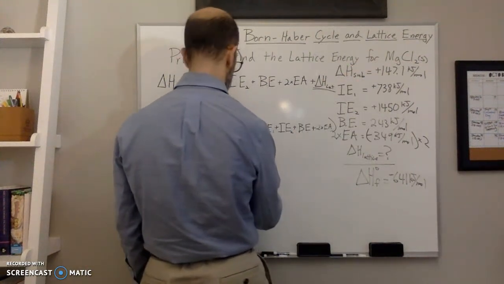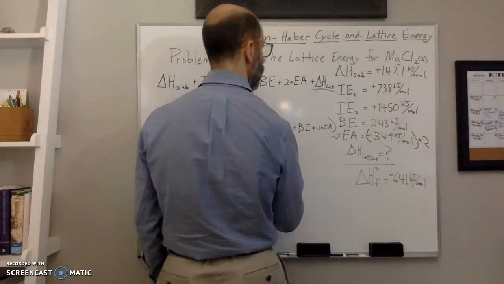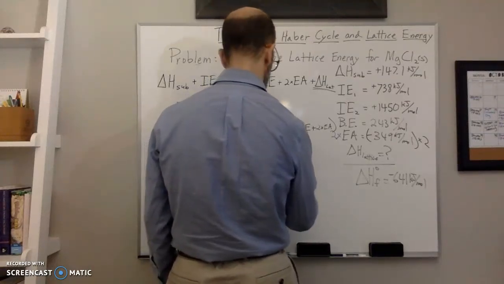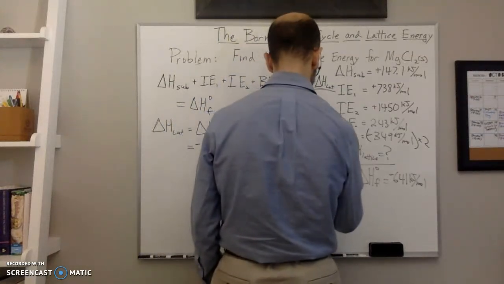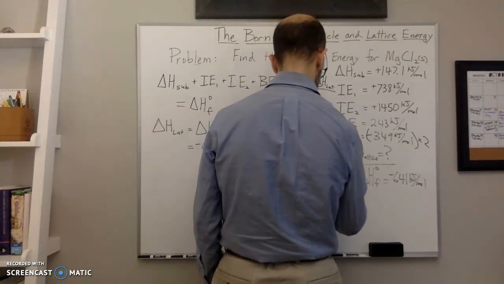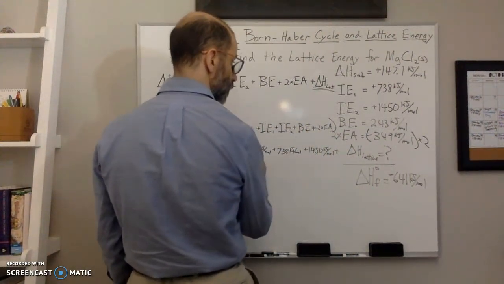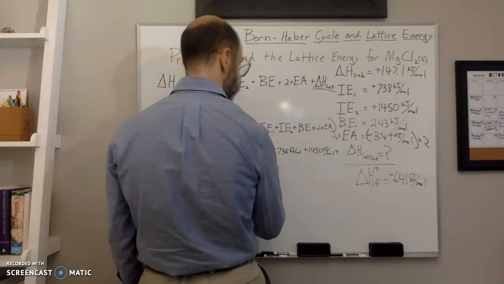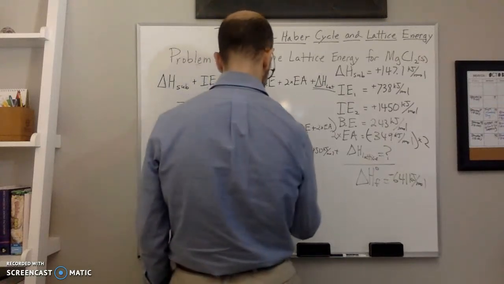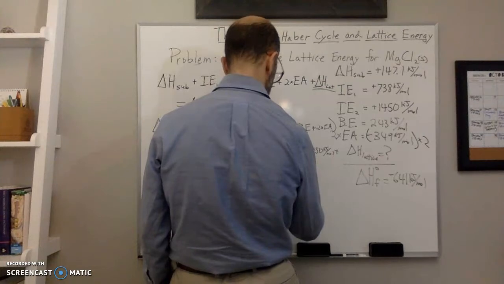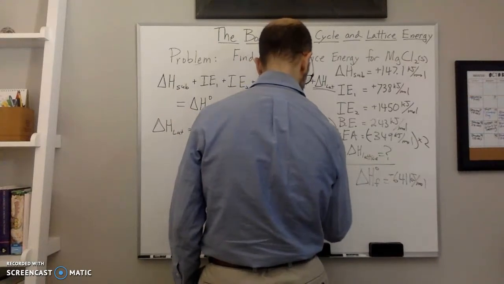So it's going to be plus 147.1 kilojoules per mole plus 738 kilojoules per mole plus 1450 kilojoules per mole plus 243 kilojoules per mole, and then plus 2 times negative 349 kilojoules per mole.